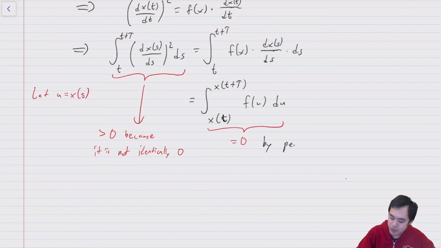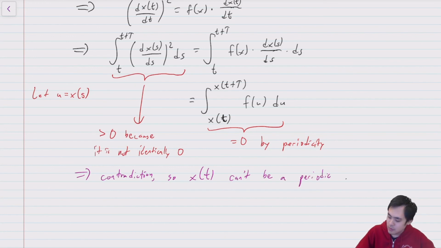And of course, that implies a contradiction. And therefore, x of t can't be a periodic solution. And that completes the proof.